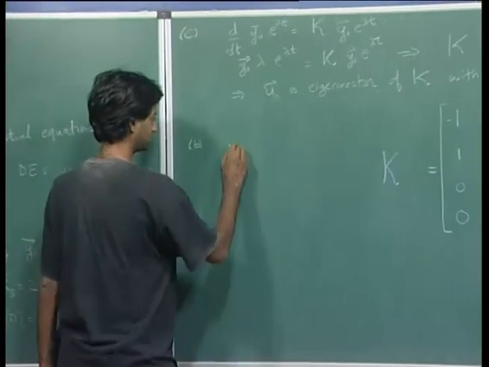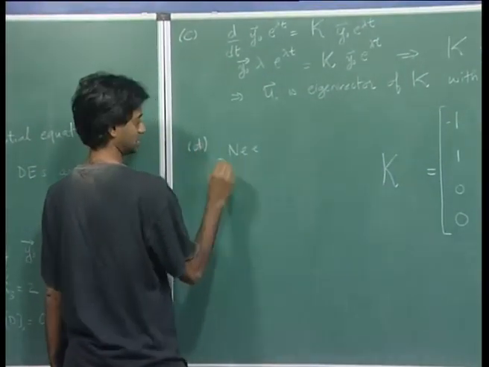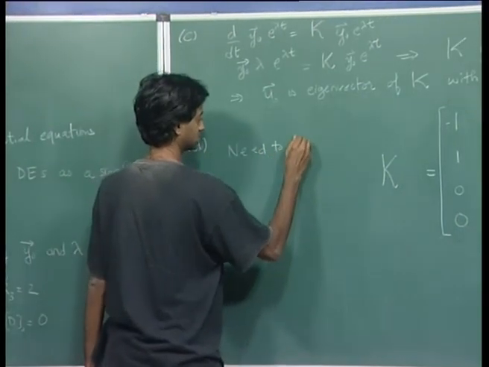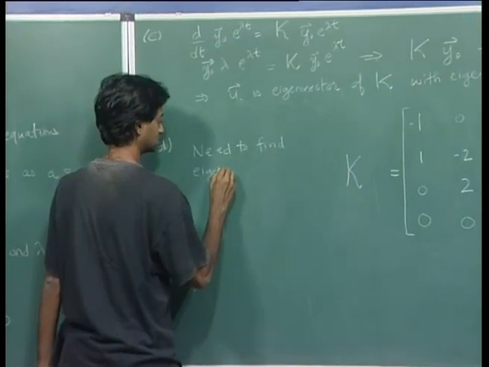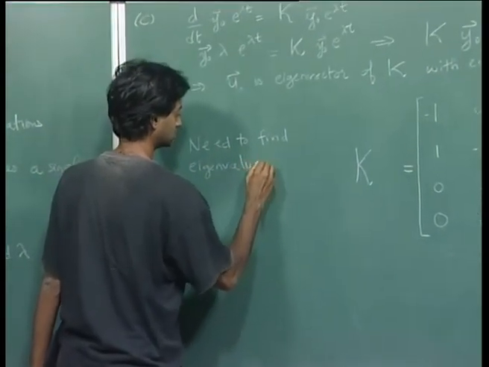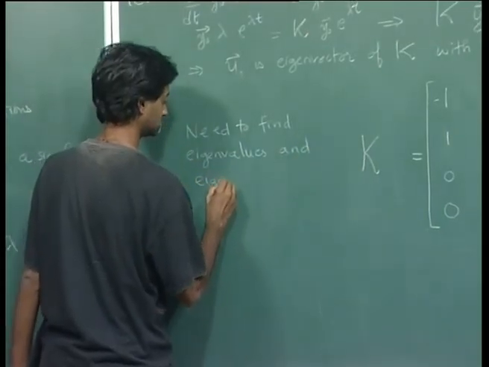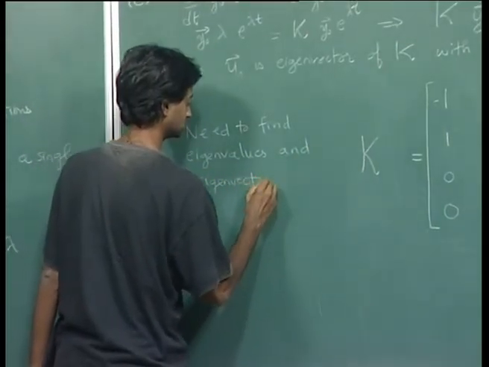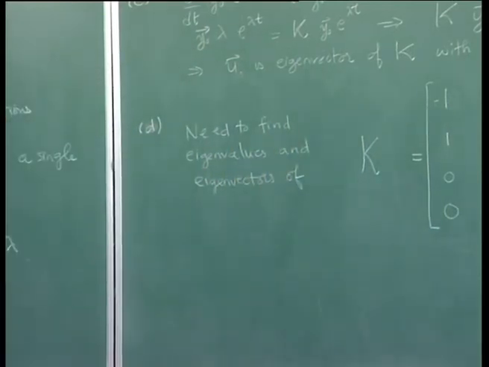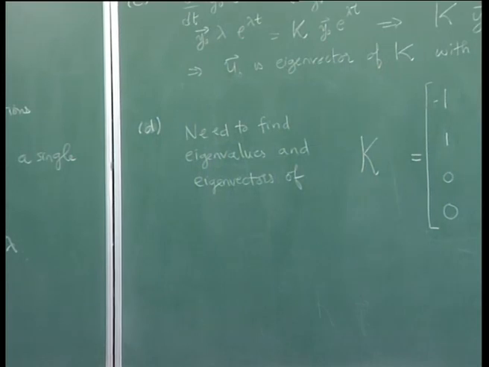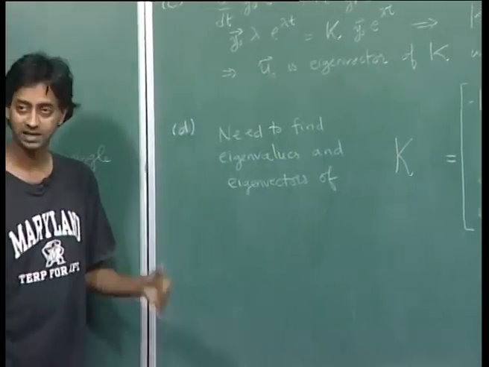This is part D, we need to find eigenvalues and eigenvectors of k.